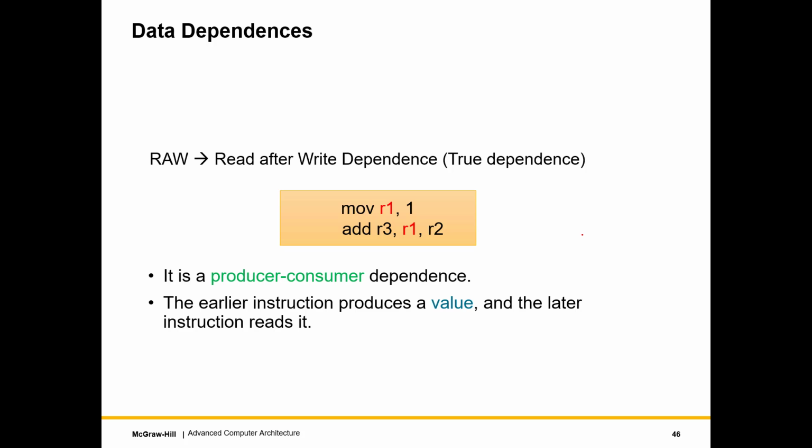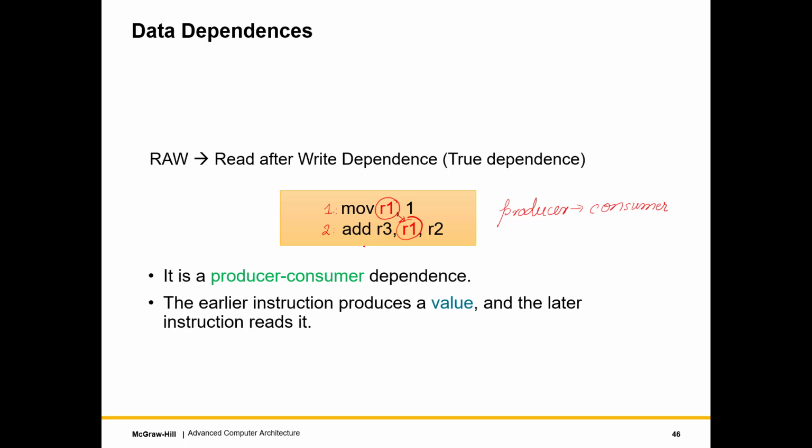Now let us discuss read after write dependencies. These are the dependencies that were causing a lot of issues in in-order pipelines. This was a classic producer consumer dependency, where the first one is the producer instruction and the second instruction is the consumer instruction.